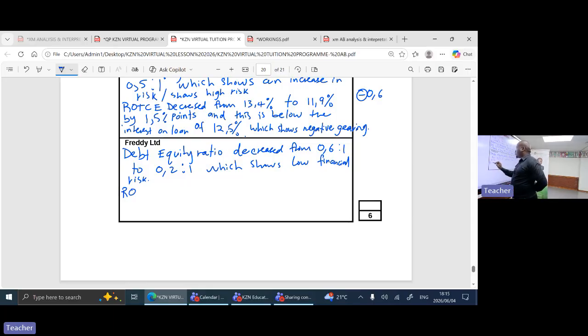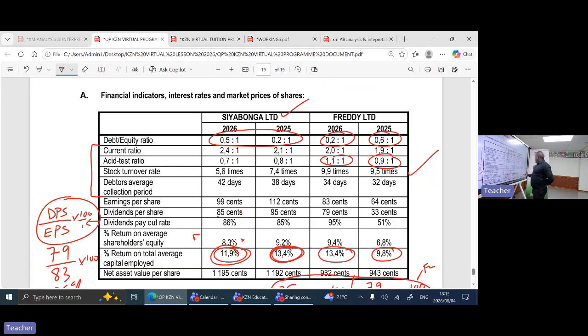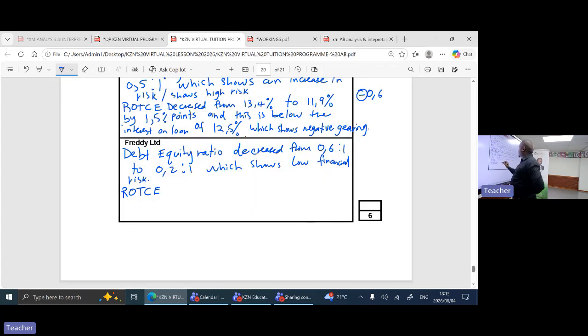And then the second part, when you're commenting on risk and gearing, we mention debt equity ratio as well as ROTE. What is happening in ROTE? Did it increase or decrease? What happened? It's decreased from 9.8 to 13.4. Increase, sorry.